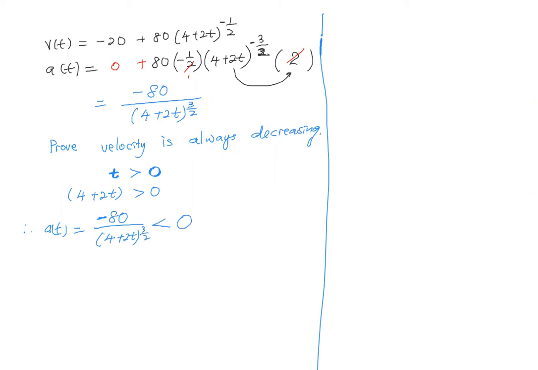That's how you prove. So that means the velocity is always decreasing and the acceleration is always negative. So this is our acceleration sign diagram. Are you okay?